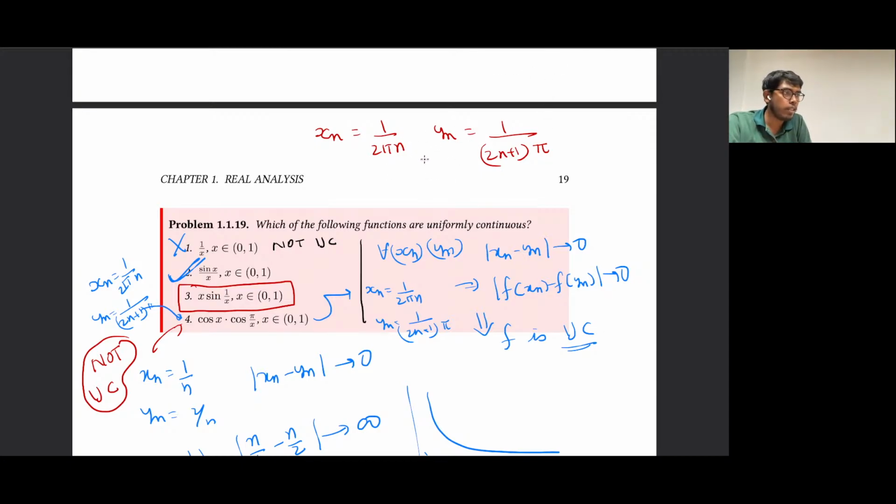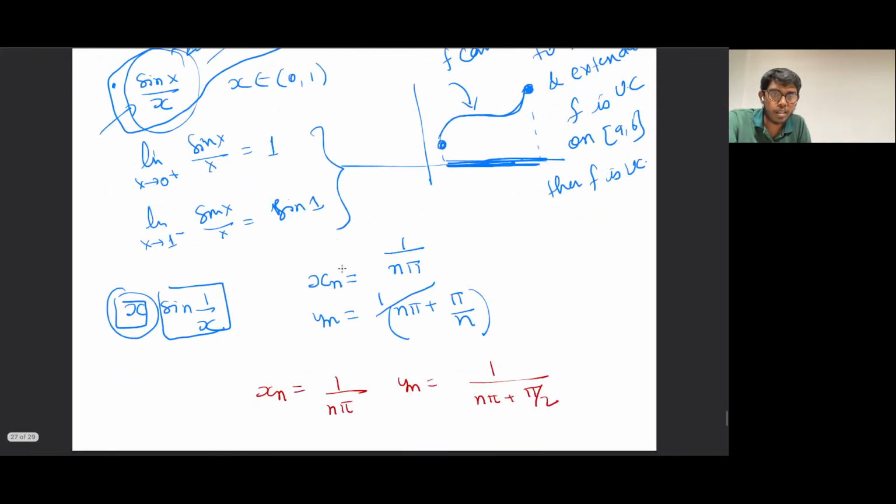Sorry, pi is already there, so don't take pi. Just take 2n, because pi is already there. So I'll take xn to be 1 by 2n and yn to be 1 by 2n plus 1. Let's do that.